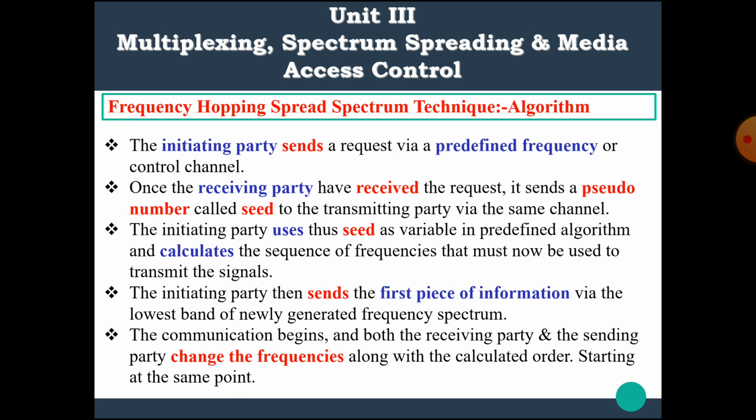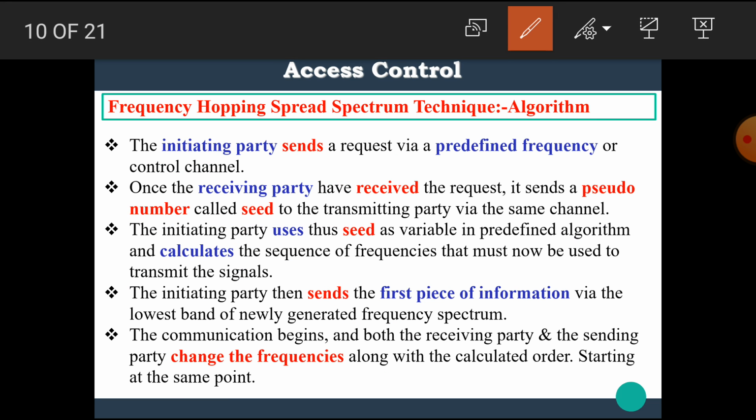Let's see the algorithm of FHSS, that means the frequency hopping spread spectrum technique. First of all, let's consider the algorithm for the transmitter and the receiver. The transmitter transmits the data through the electromagnetic wave towards the receiver.